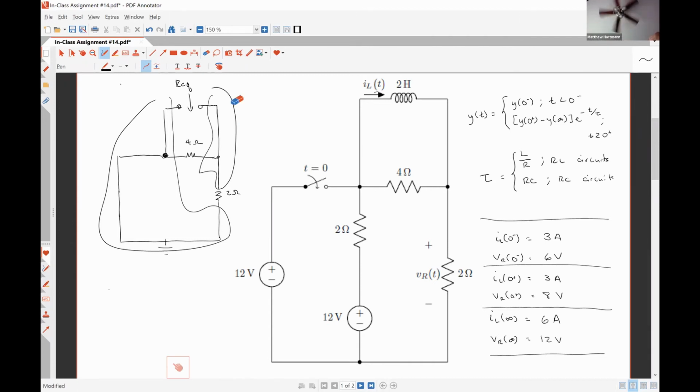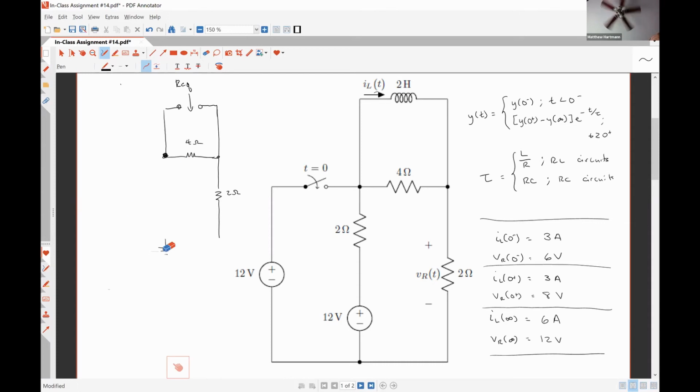So 4 in parallel with 2 is what? 8 over 6, which is the same as 4/3. Req is equal to 4/3 ohms. Leq is simply 2 henries.